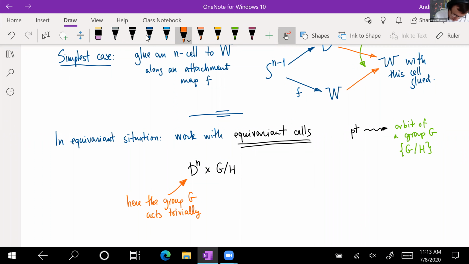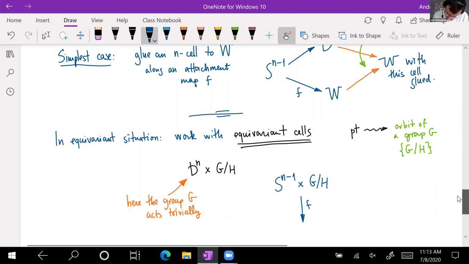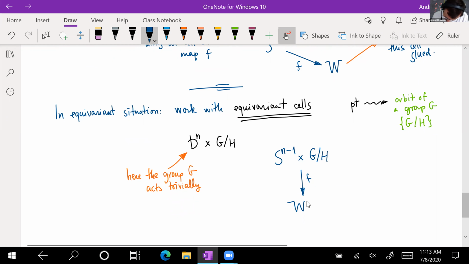So the attachment maps would be that if I have S^(n-1) cross G/H, so that's the boundary of this, it may go by some map F to a previously constructed space W. And then this is an obvious embedding into D^n cross G/H.